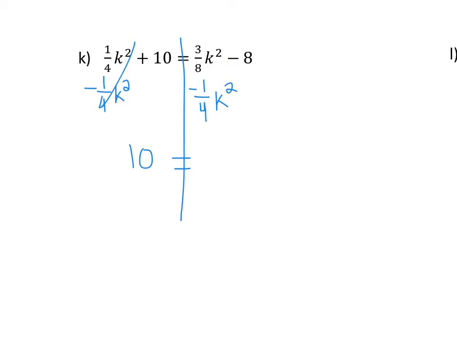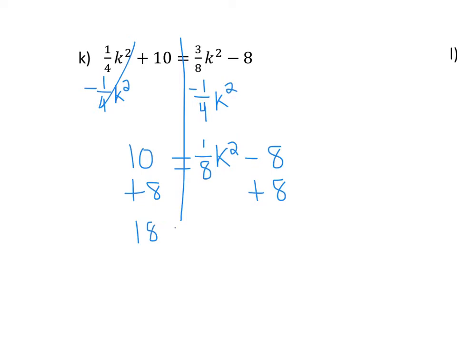You can use your calculator to subtract those fractions. Make sure you use parentheses to force the operations, but you can type in 3/8 minus 1/4. Hit the math frac button, and it would give you the reduced fraction of 1/8. And then bring down your k squared minus 8. Add 8.